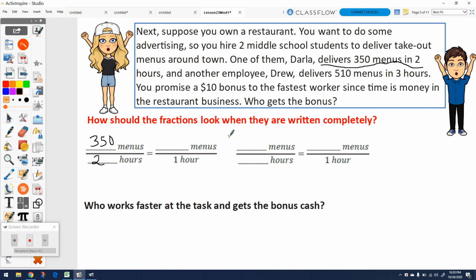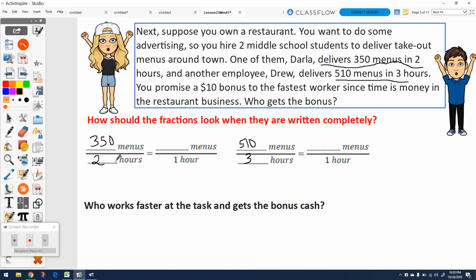And then we're going to go over here and find Drew, and Drew can do 510 menus in 3 hours. And now we're going to find out how much they can do in 1 hour. Let's find that unit rate.